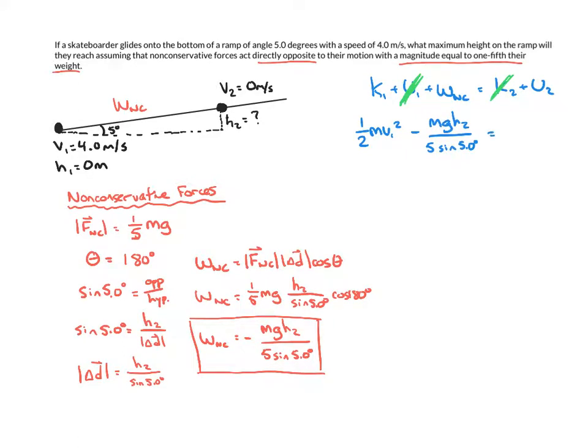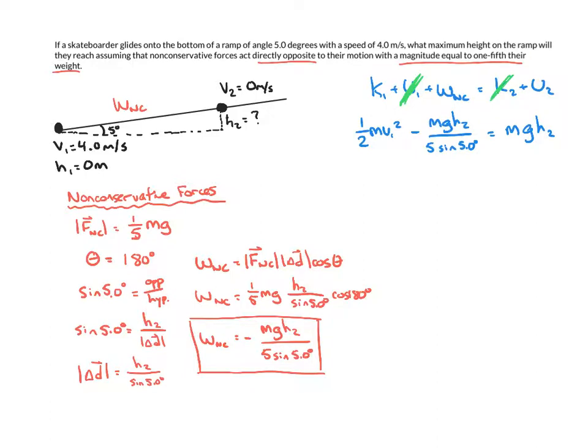And I will change U2 to the formula for gravitational potential energy, just mg h2. All right. Now, with this, I need to eventually solve for h2. That's the question. And I'll plug in the numbers to everything else.